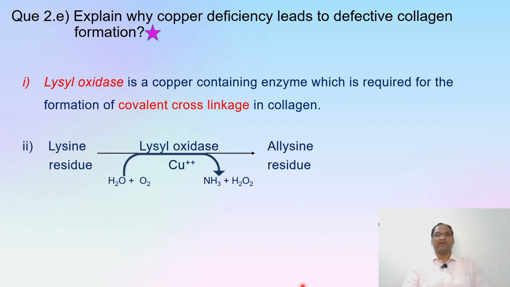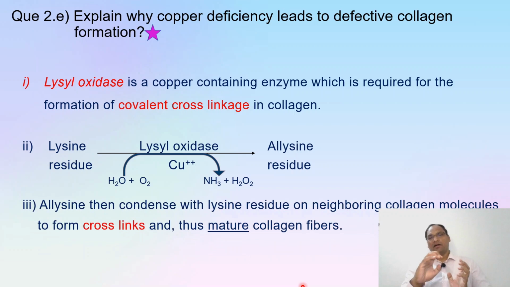In the next step, this allysine residue condenses with the lysine residue of the neighboring collagen molecule, and once this condensation takes place, there is formation of a cross link, and this is how the collagen fiber matures. You get a mature collagen fiber. So that is the importance of the lysyl oxidase enzyme, that is, formation of covalent cross linkage in the collagen molecule.